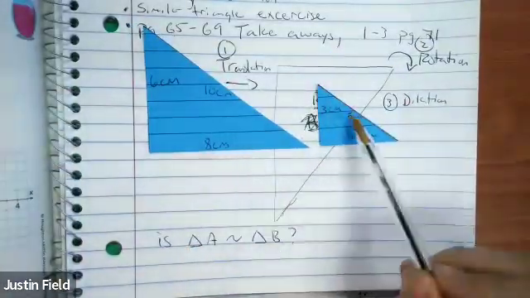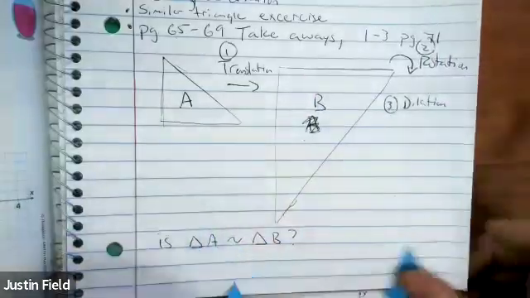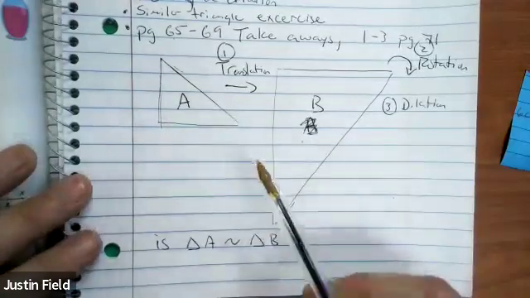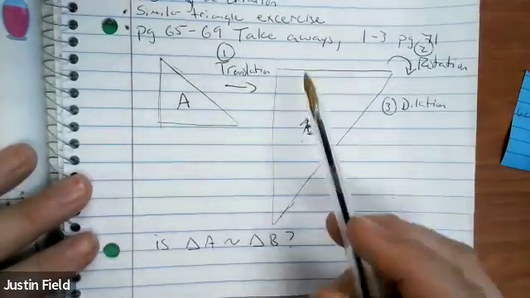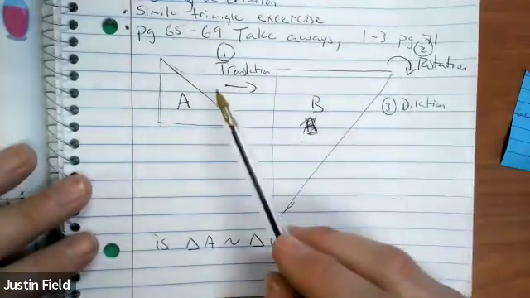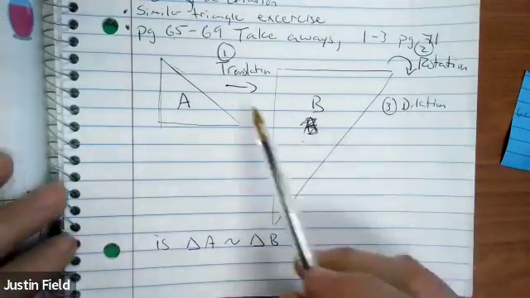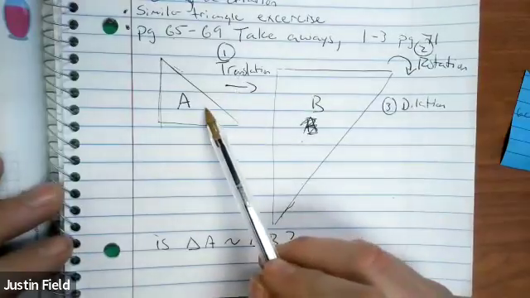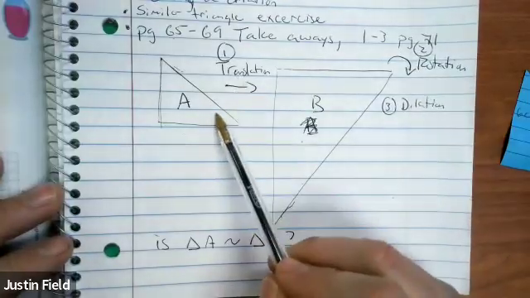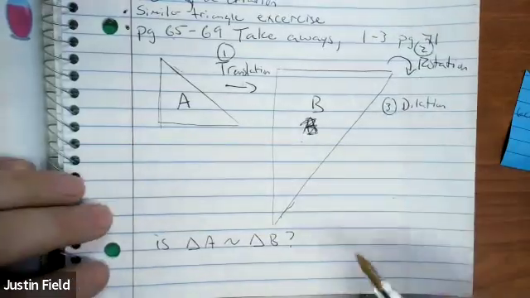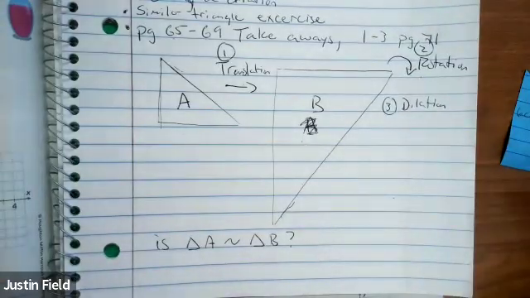This one is just twice as big. But using our definition, two triangles are similar if they're connected by a series of transformations. Well, we kind of went the opposite direction. We know these are connected by a series of transformations because I literally translated A, then I rotated it, and then I dilated it. So we can say, yes, they are similar.